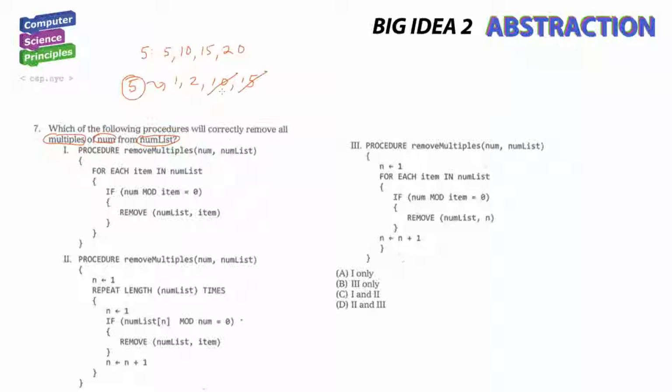So let's in fact use these numbers here as an example to help us get through this problem. Let's say that the 5 is the num, and let's say that this thing is the num list.